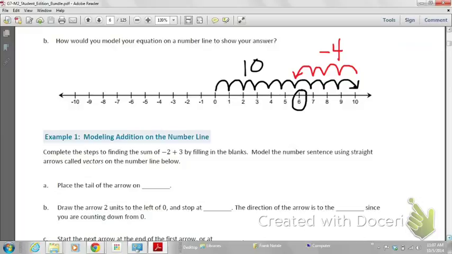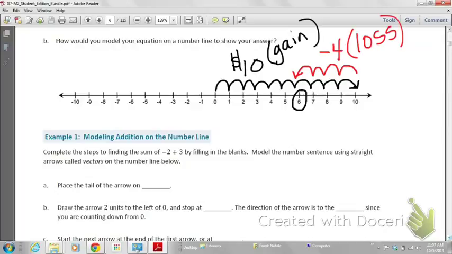Now this positive 10 in this case represents $10 given as a birthday gift, because this $10 here represents a gain of $10. And that negative 4 represents $4 spent on snacks, because it is what we refer to as a loss.